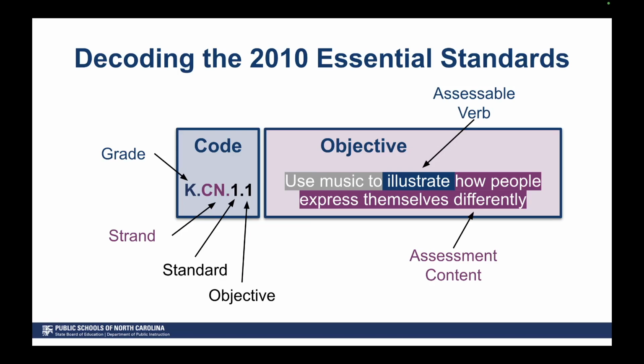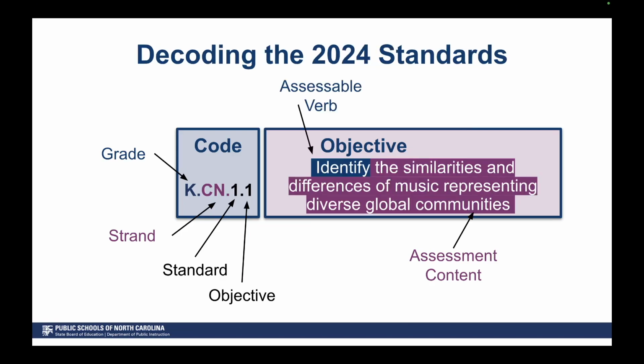And so by the end of instruction, be it a lesson, a unit, or a year-long investigation, the student should be able to demonstrate that they can verb the object. In this case, what's shown here, kindergarten students should be able to illustrate, which in this case means demonstrate, not draw, a steady beat. If we look at the new standards, the 2024 Standard Course of Study, it follows the same kind of SVO structure, the same kind of numeric code.